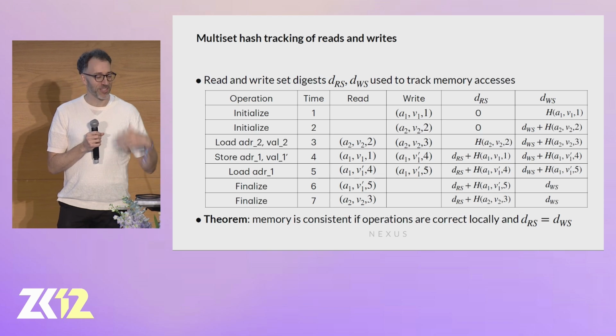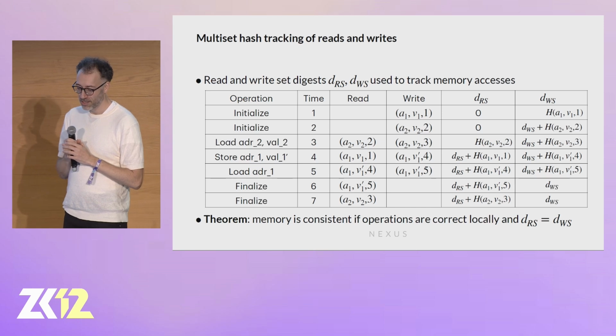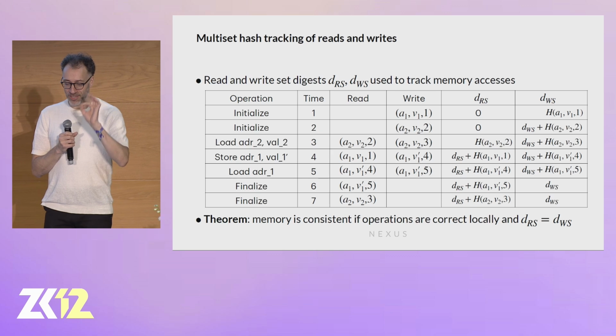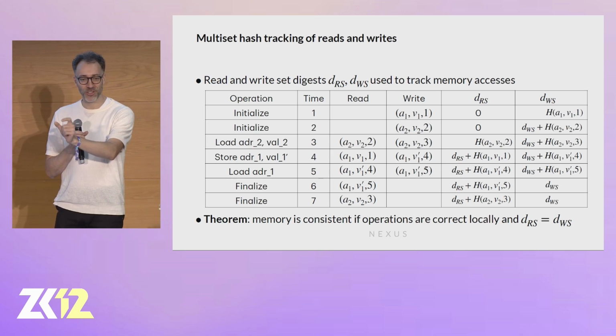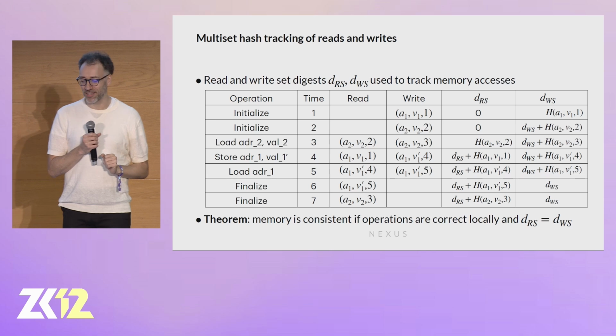So how can we use multiset hashing to check memory? Well, the idea is that instead of directly keeping track of the read set and the write set, we will just have the digest of those. We will have the multiset hash of the read set and the write set and keep updating that.